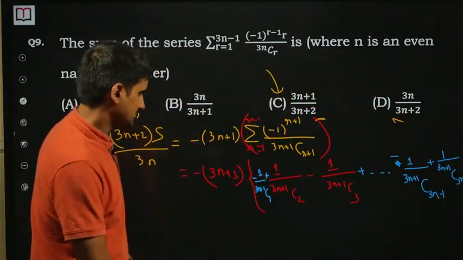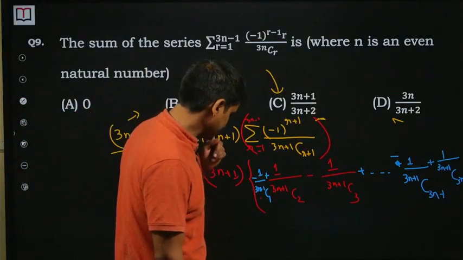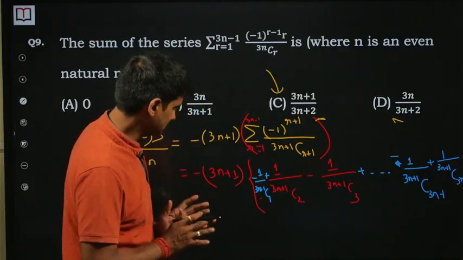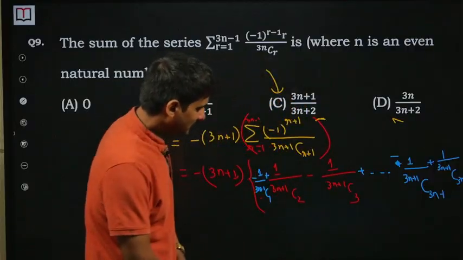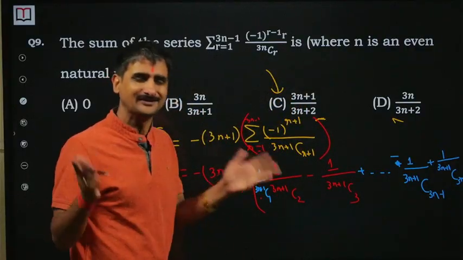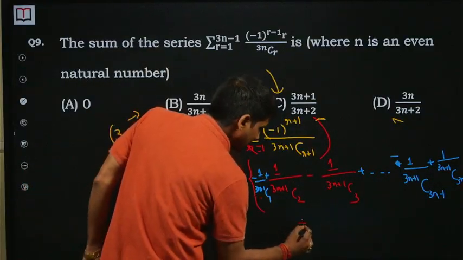Fine. So if I add and subtract this term, how many terms do we have? We have an even number of terms. Okay, got it. Sorry, got it. I subtracted it, so I need to add it.